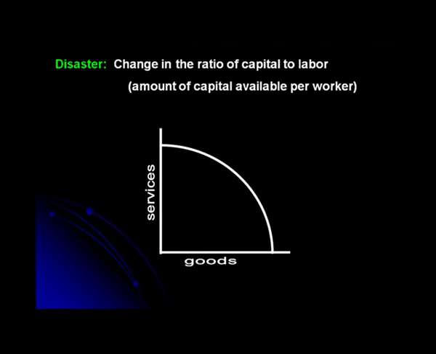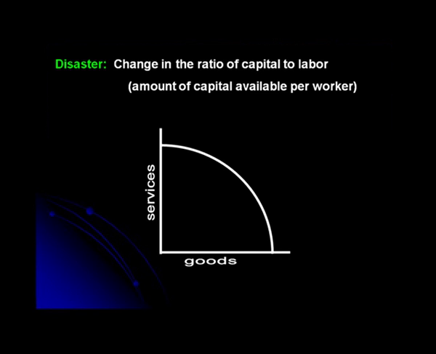In addition to reducing the total amount of available resources, disasters can change the mix of resources. Particularly important for answering our question is the resource mix of human and physical capital, what is known as the capital to labor ratio.